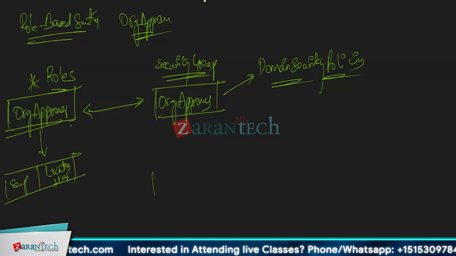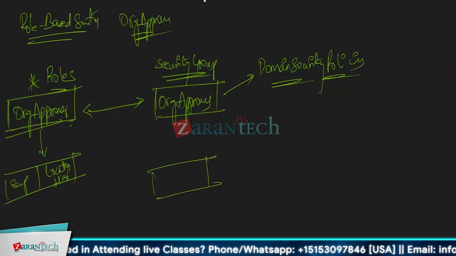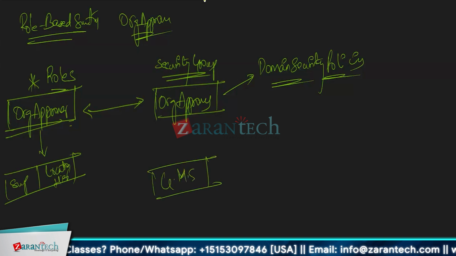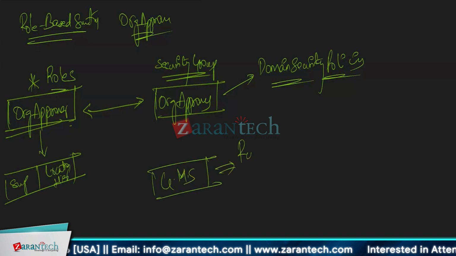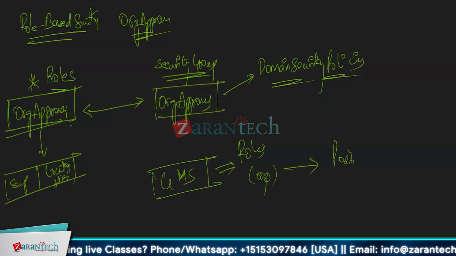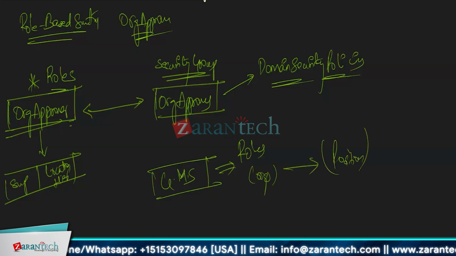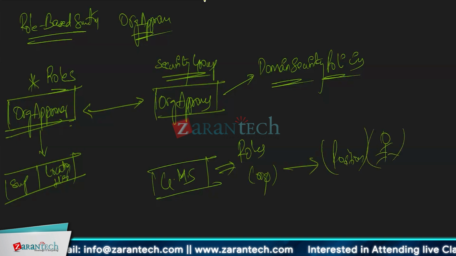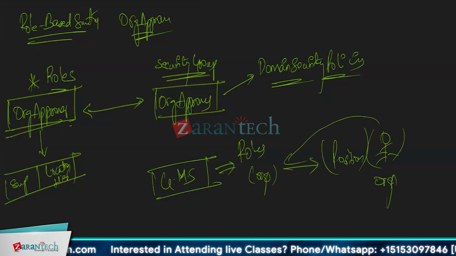So you will go to the supervisory orgs, so let's say global modern services. Here you will say, I would like to assign this particular role of org approver to a specific position. Now, whenever someone occupies this particular position, they will automatically be assigned the role of org approver.